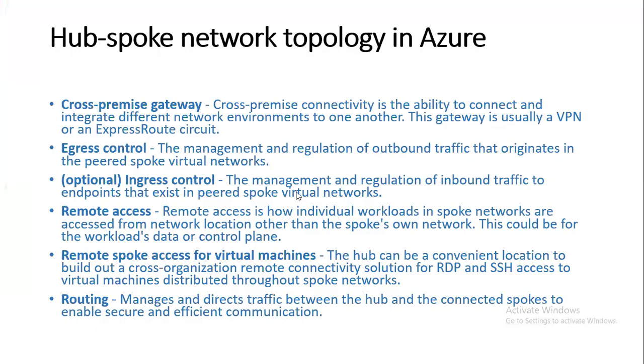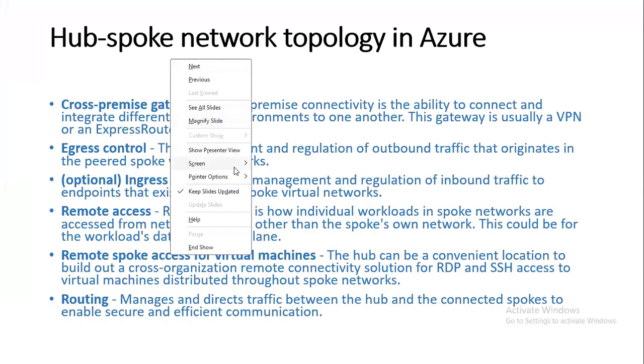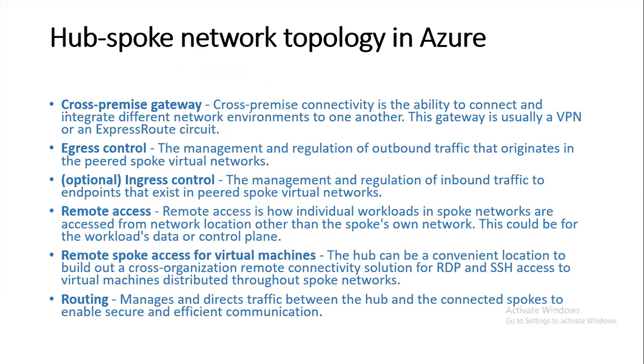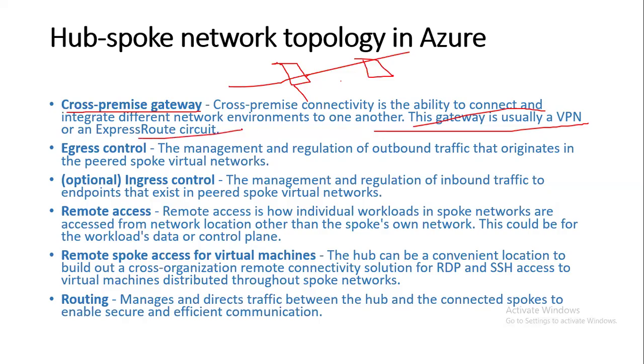If you are using the hub, you get a cross-premises gateway. We already showed that on premises there should be one hub that can be connected to multiple spokes, right? The spoke can be Azure or any other cloud, or it can be on premises. That should happen through the VPN gateway or Express Route circuit.